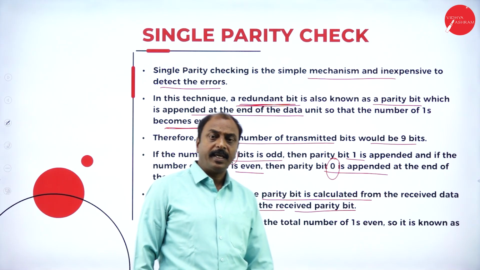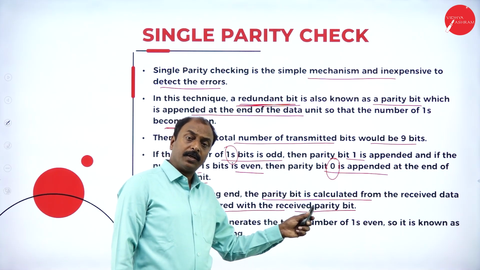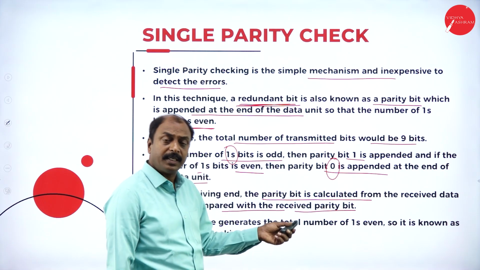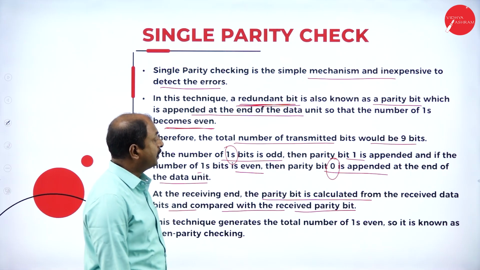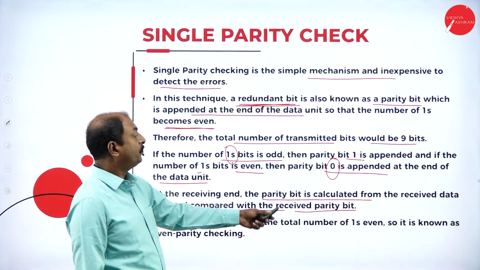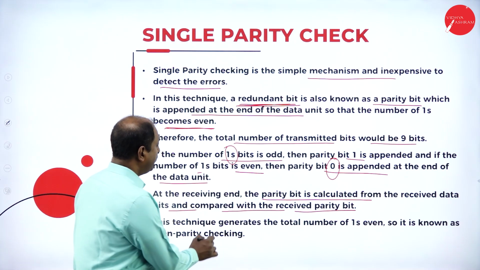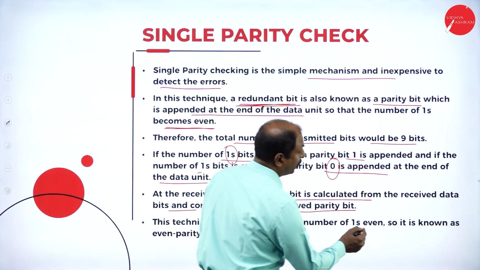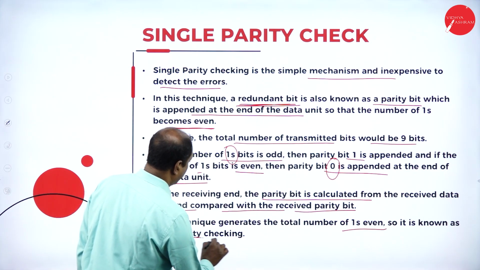At the receiver end, it again checks the parity bit and the number of ones in the data bits or in the data frame, and it checks the parity bit of the data received from the sender. This technique generates a total number of ones that is even, so it is known as even parity checking.